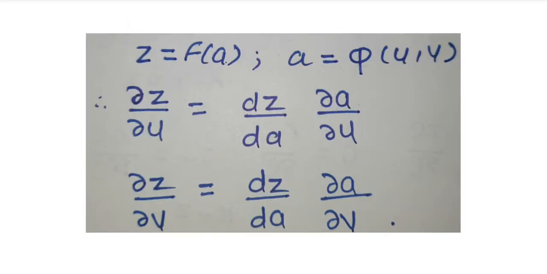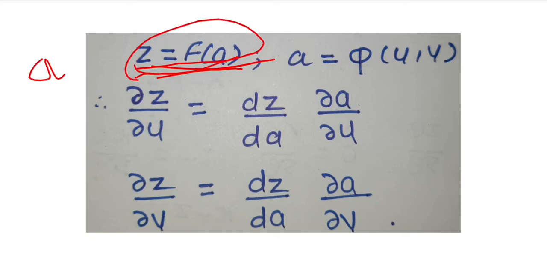So see here, if we say that the function z is equal to f of a, z is only dependent on a, so we can completely differentiate z with respect to a.